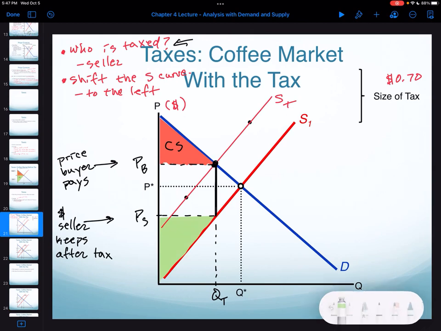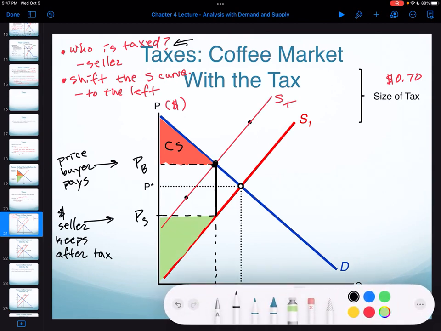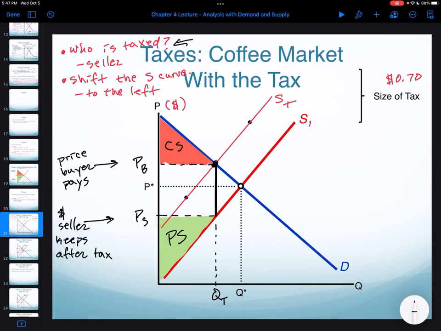So this triangle down here is producer surplus, capital P, capital S, okay? Consumer surplus is that little triangle that's below the demand curve and above the price that the buyer pays. Producer surplus is that little triangle that's down below, that's above the supply curve, but below the money that the seller gets to keep after the tax, okay?